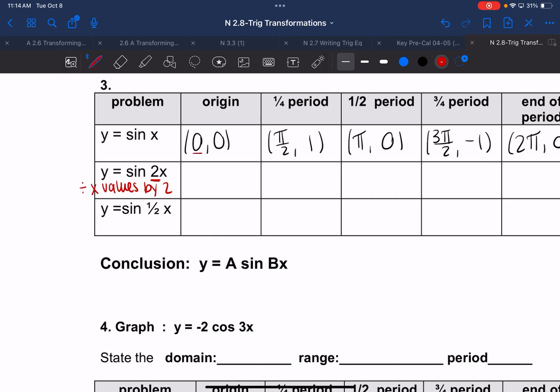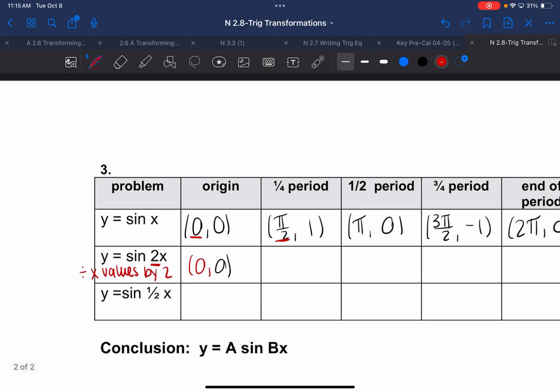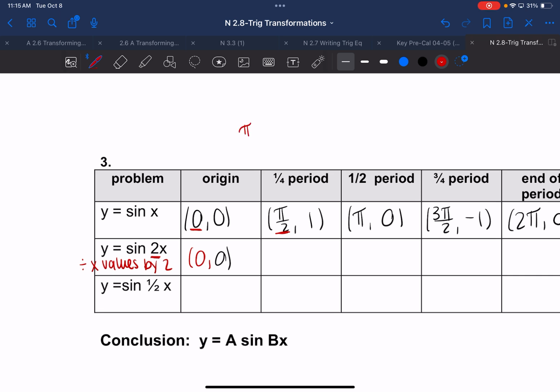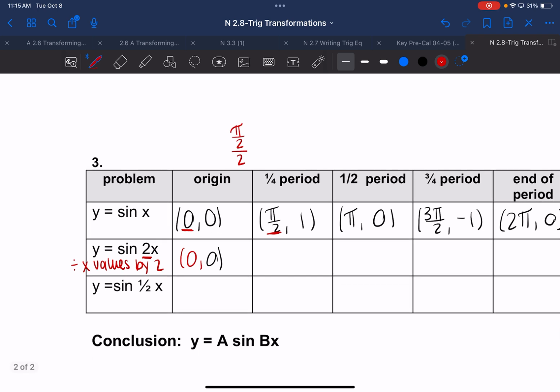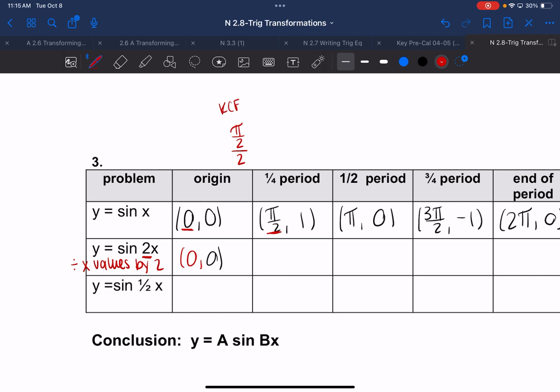All right, so that means I'm looking here at my 0. Well, 0 divided by anything is still 0, so that one won't change. And my y value definitely doesn't change, right? Okay, for pi halves, the way that would look would be pi halves divided by 2, right? But we don't like to see a fraction in a fraction. What do we do? We multiply by its reciprocal. Or in other words, we call that keep, change, flip, right?